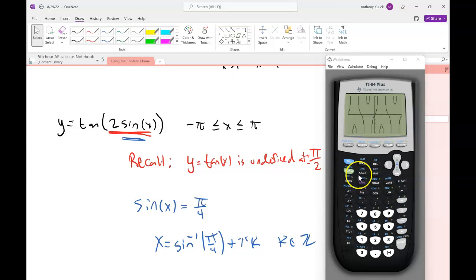And just for the record, whatever sine inverse of pi over 4 is, that should be my value. So that number, whatever that is, that's my angle in radians.